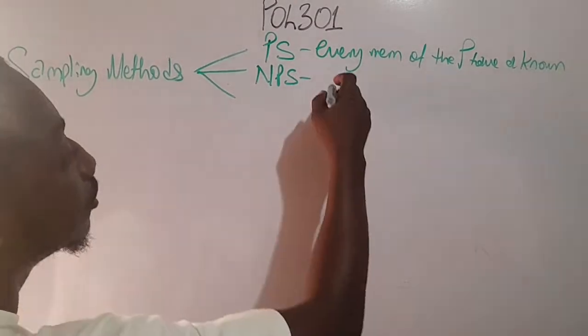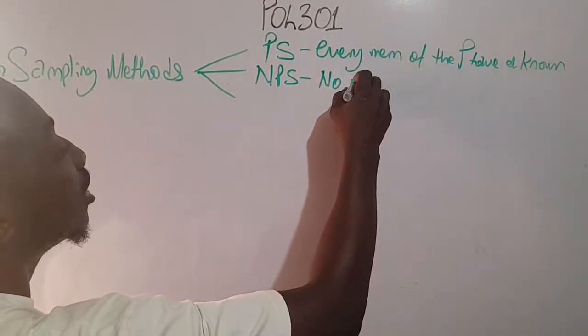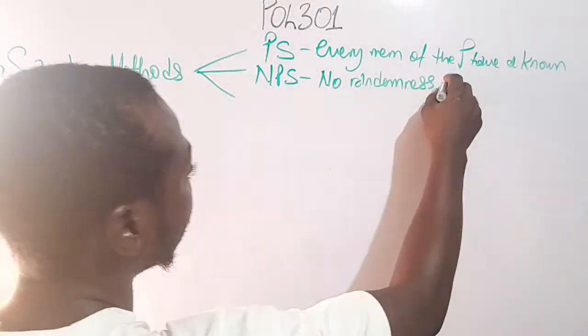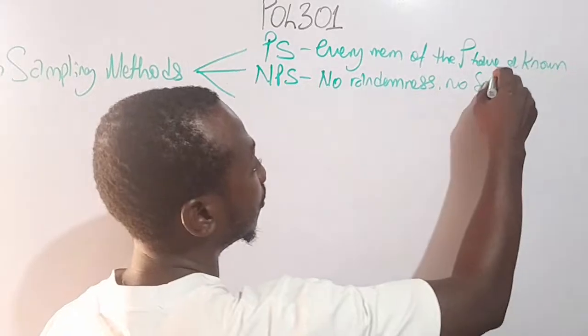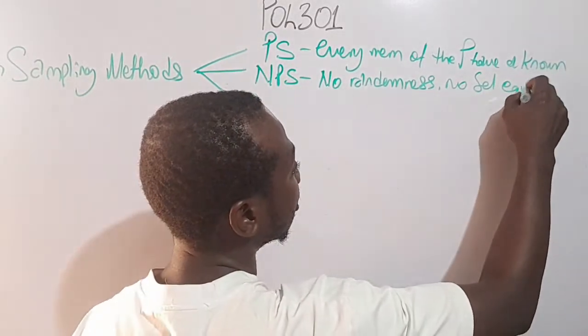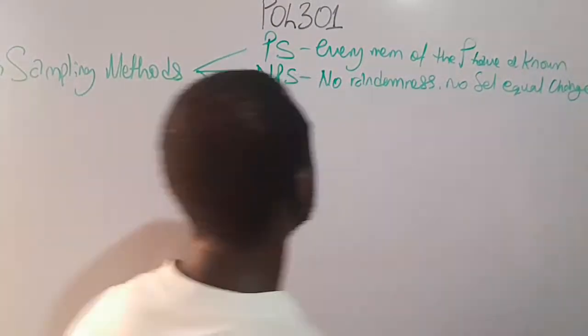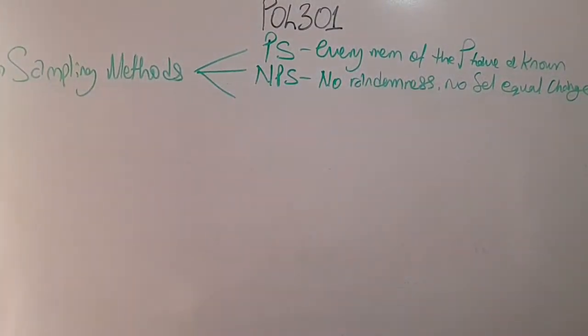So, no randomness, no equal chance of selection. That's the opposite of probability sampling. Under this, we have as well some methods, some sampling processes.